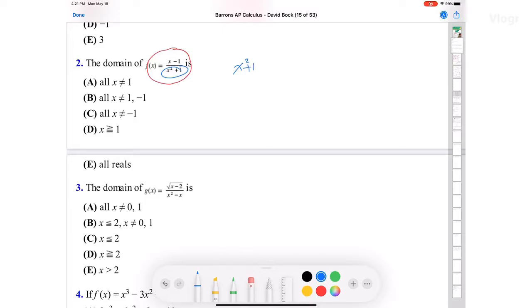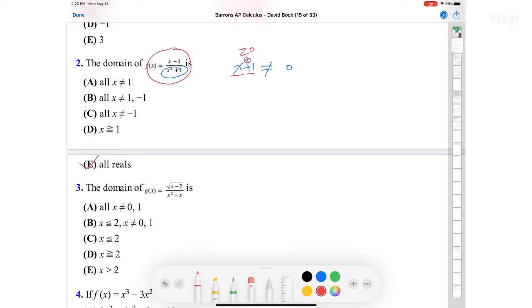That part is the denominator, right? So all real numbers except zeros of this denominator, but it cannot be 0. Why? x squared is always greater than or equal to 0, and then plus 1, that must be greater than or equal to 1 at least, right? So it cannot be 0 at all. So you cannot find any zeros of the denominator, which means all real numbers is the domain of this function. So E is the answer.